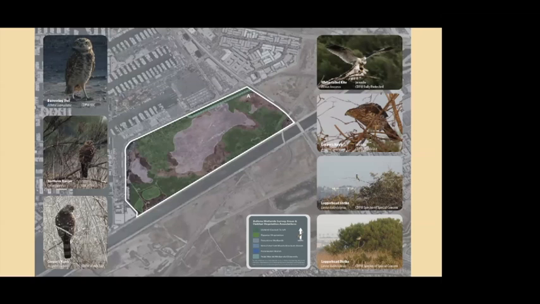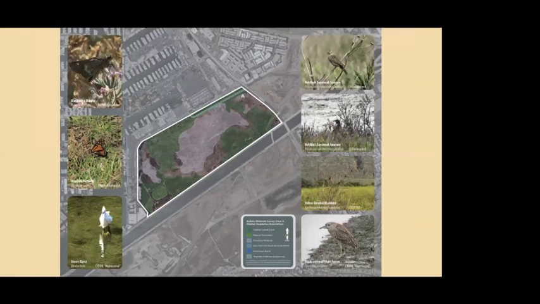So these are some of the species we see, and some more. And you can see that the center of Area A was most likely a wetland and not a tidal wetland.